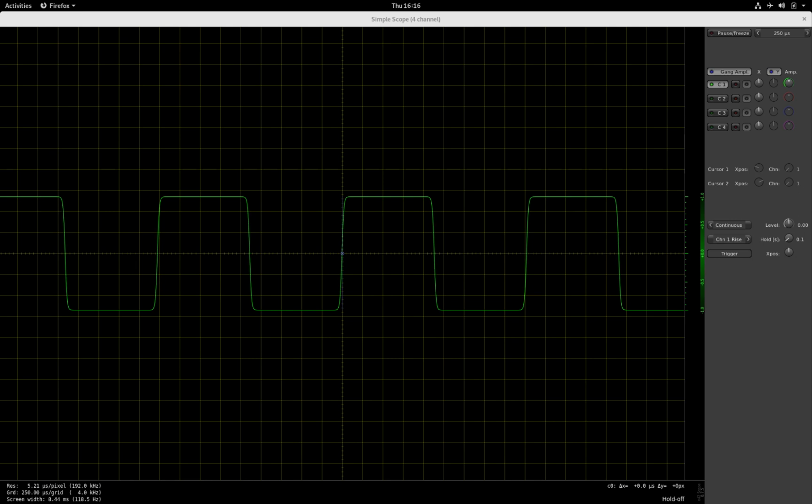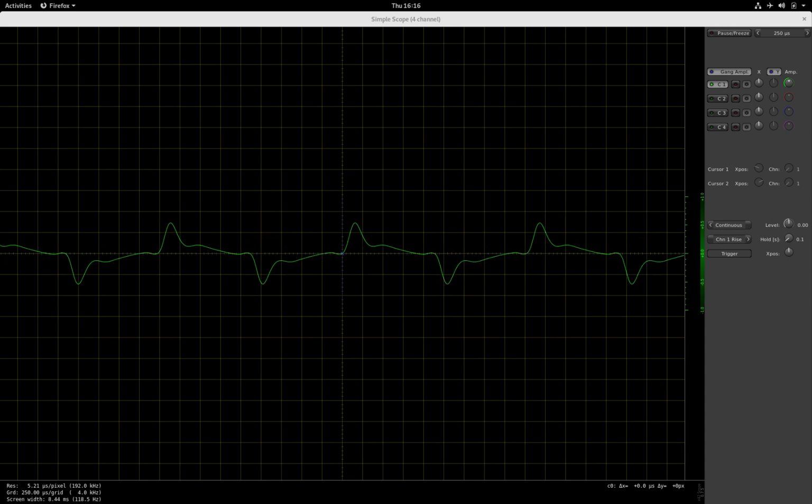So I will kick in a power amplifier circuit, and this is basically the output of it. So the triggering is now not very regular because the signal has so many zero crossings.